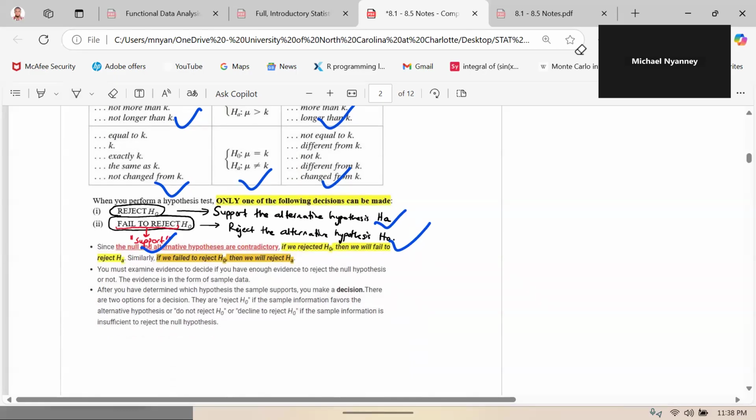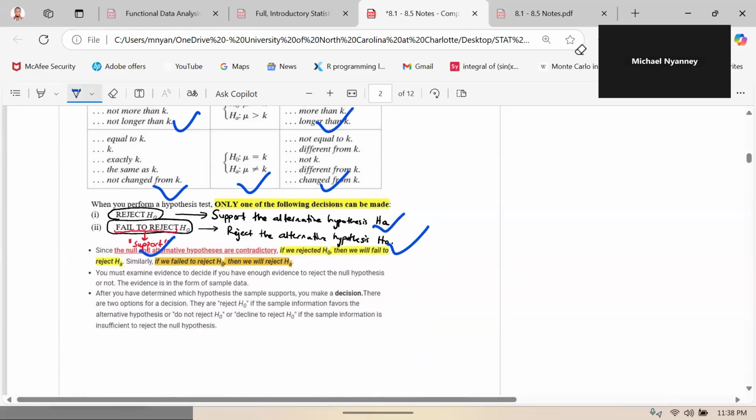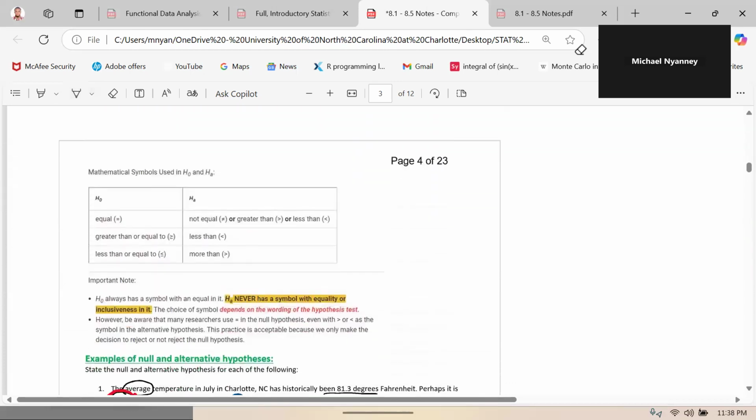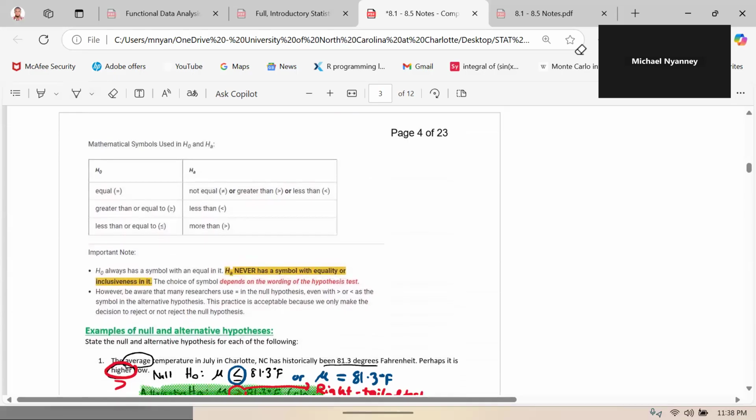So these are some readings and further explanation of what I'm saying. Just as I said earlier, these are the mathematical symbols used in H naught and HA. For H naught, we use the equal to, the greater than or equal to, and the less than or equal to.